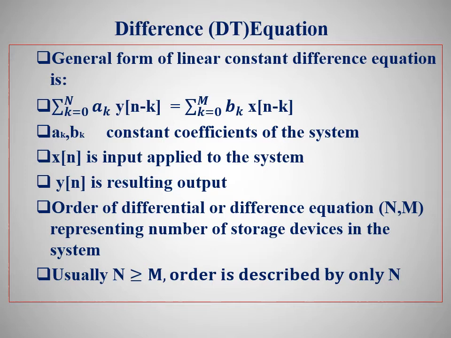Thus, the order is usually defined by the output terms. In other words, it is similar to the numerator by denominator in control systems, where the denominator generally controls the order of the system.